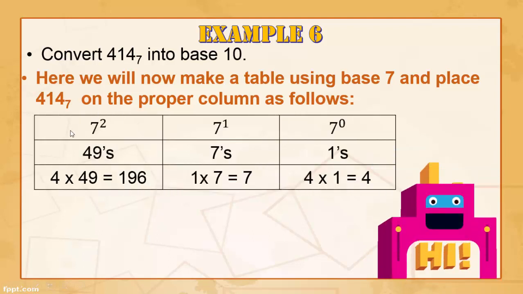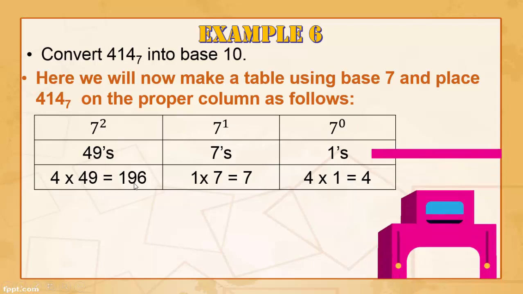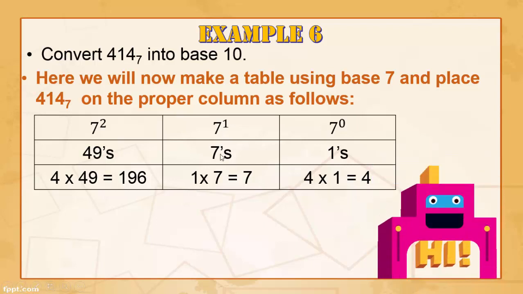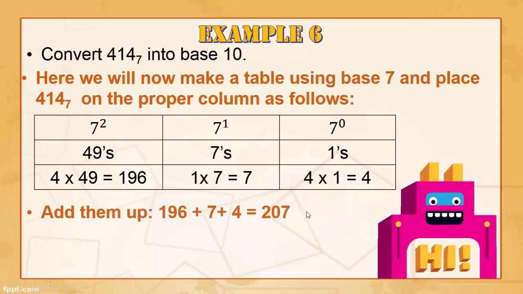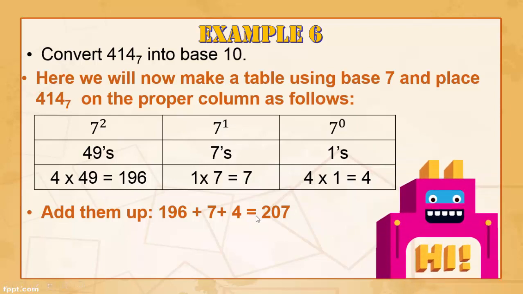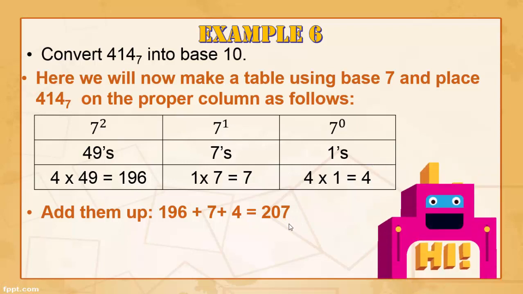So here I have 7 squared, 7 to the first power, 7 to the 0 power, and we see we multiply 4 times 49 equals 196, 1 times 7 gives us 7, and then 4 times 1 gives us 4. And then we add them all up, and we get 207 base 10, but I don't usually have to write a little base 10 here because it's in our number system.